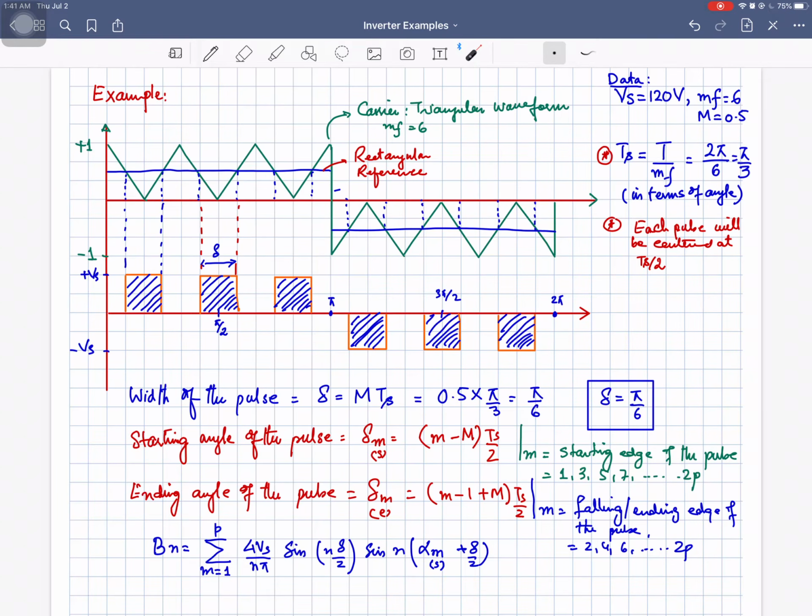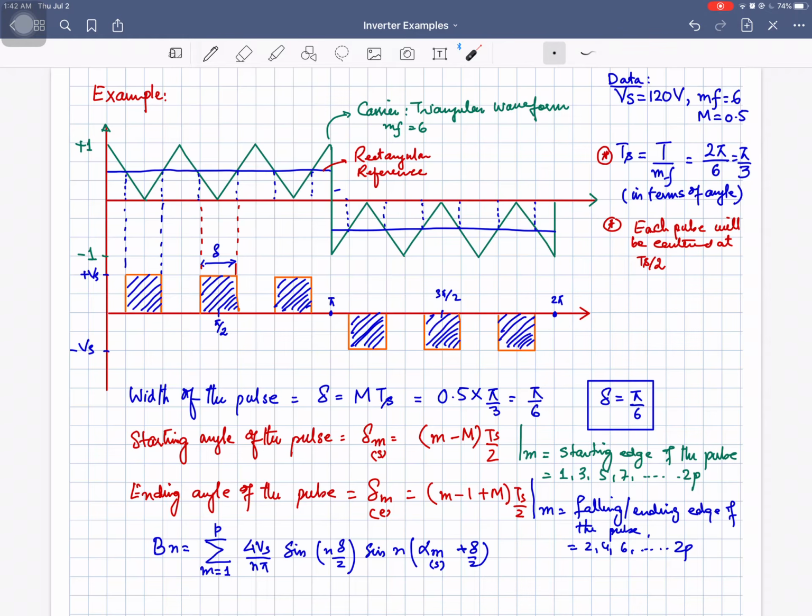So in the uniform PWM, the width of all the pulses is equal, and the number of pulses in one reference cycle, that is the rectangular waveform over here, is equal to the frequency modulation index, that is equal to 6 in this case. So there will be 6 pulses in one cycle of the output, that is one cycle of the rectangular waveform. So you can see 6 pulses over here, right?